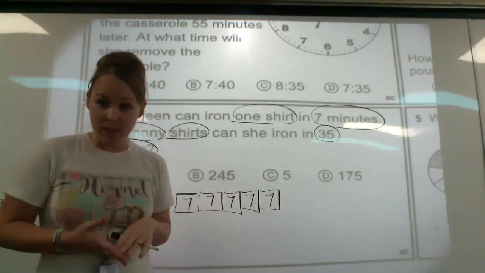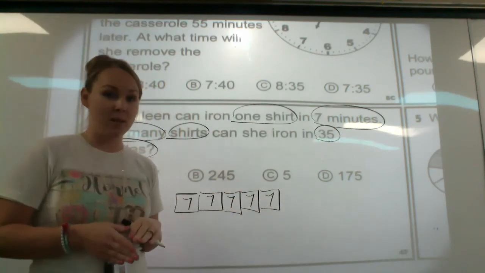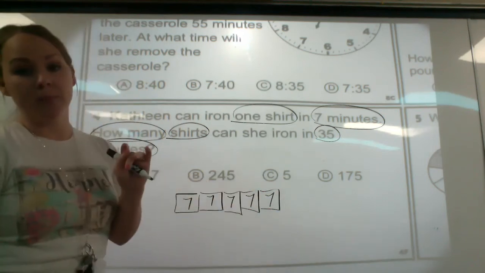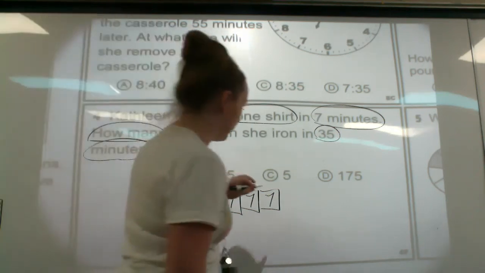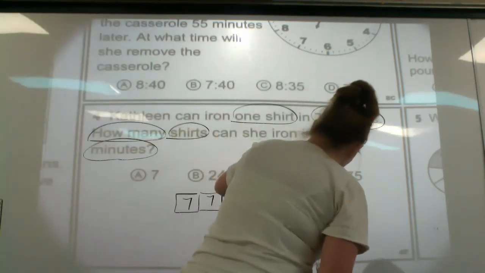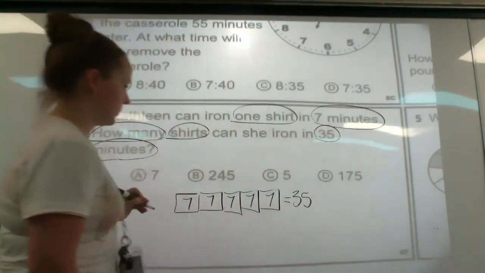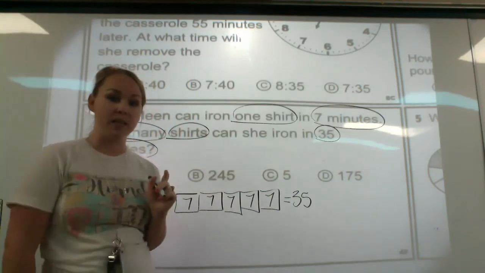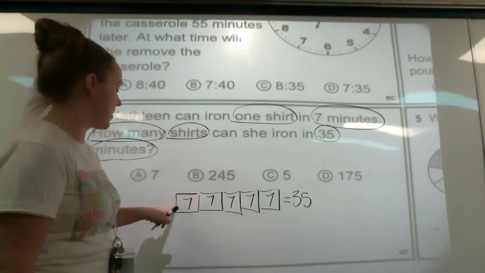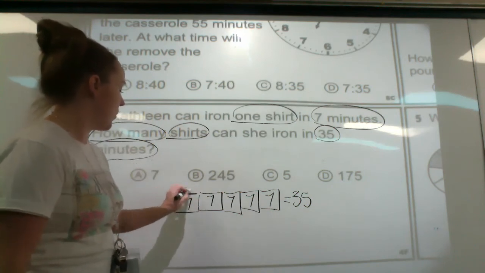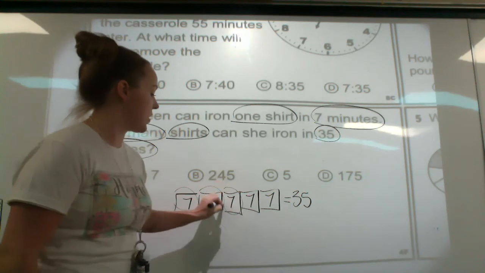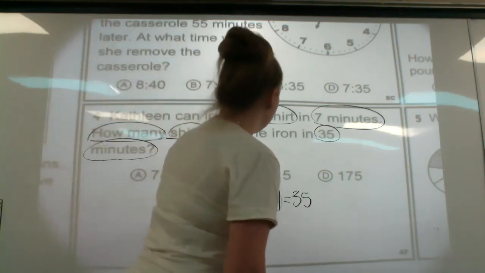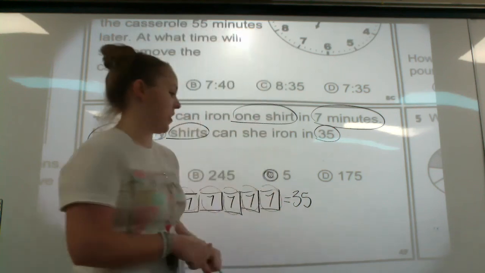And if you know your times tables, which you should, and we're going to keep practicing them a whole bunch, 7 times 5 equals what? 35. So how many shirts can she iron in 35 minutes? I said, think of these little squares as shirts. So there's 1 shirt, 2 shirts, 3 shirts, 4 shirts, 5 shirts. So she can iron 5 shirts in 35 minutes.